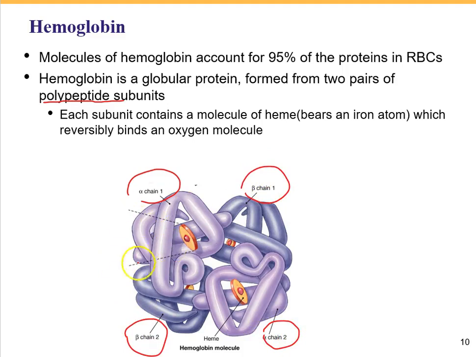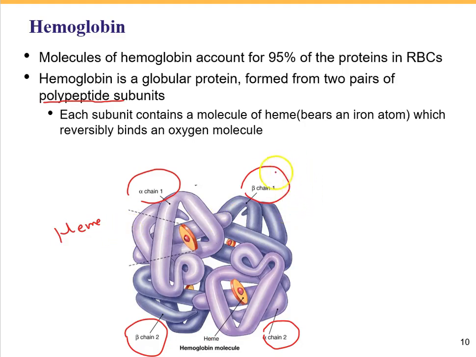In total we have four polypeptide chains, and as you can see, each of these chains contains a molecule of heme. Each heme molecule contains one iron atom, and the iron atom is going to bind to an oxygen molecule.